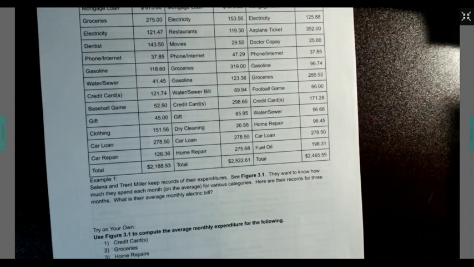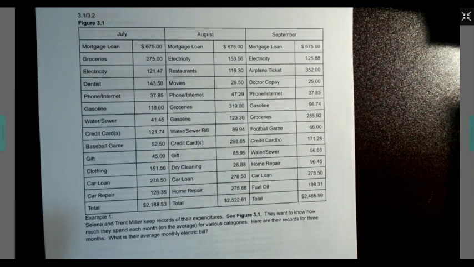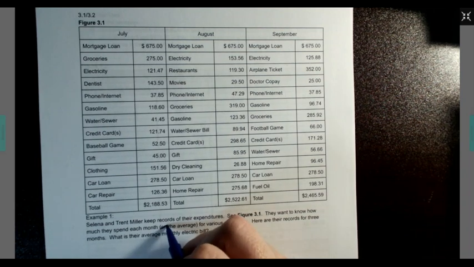Example 1 says, Selena and Trent Miller keep records of their expenditures. See figure 3.1. They want to know how much they spend each month on the average, or the average for various categories.